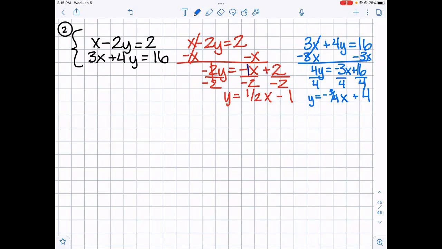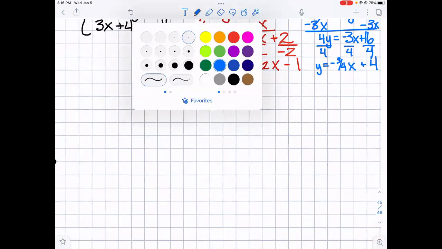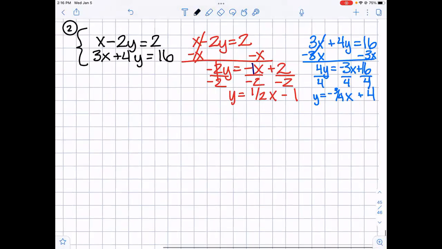Okay, so we've got to graph these. You're going to need at least 5 spaces to the right, 5 spaces up, and 2 spaces down. Let's draw our graphs here.